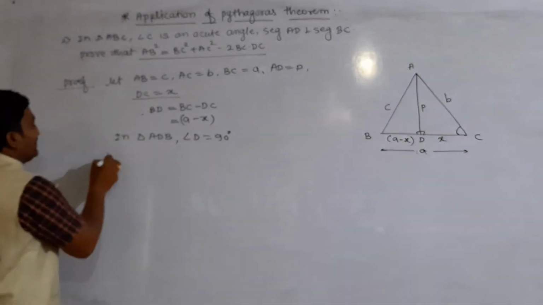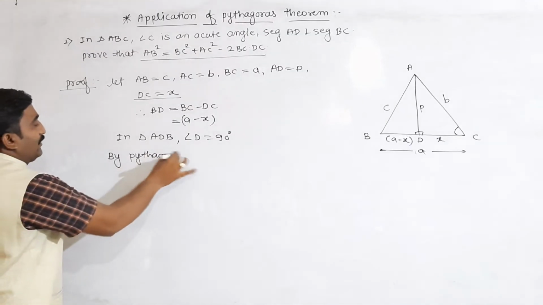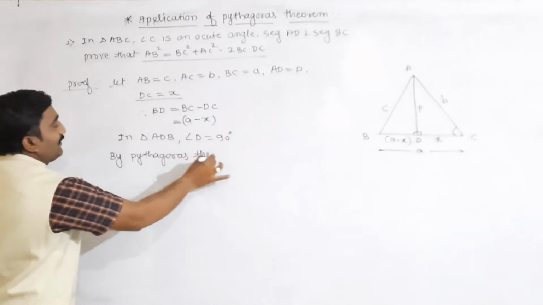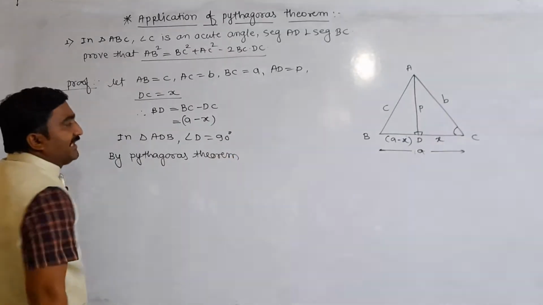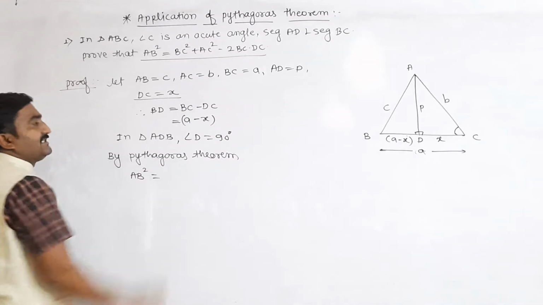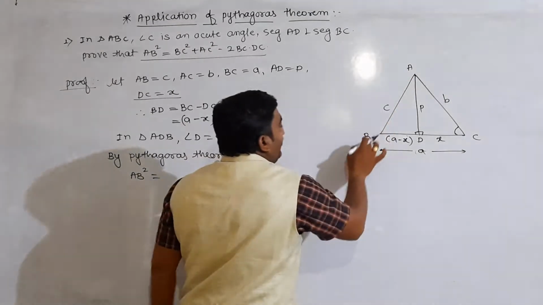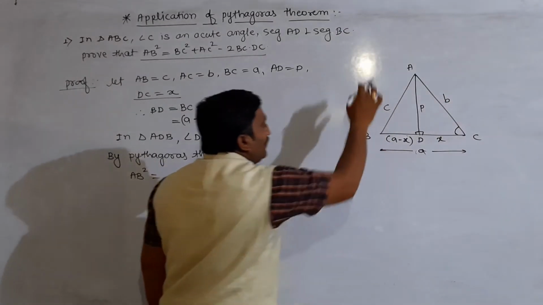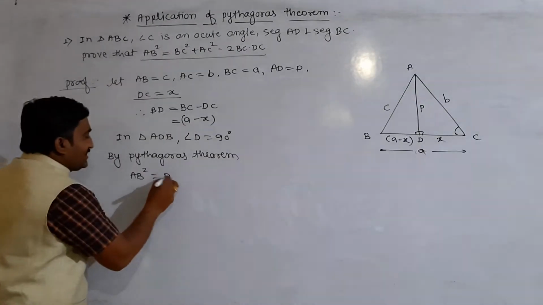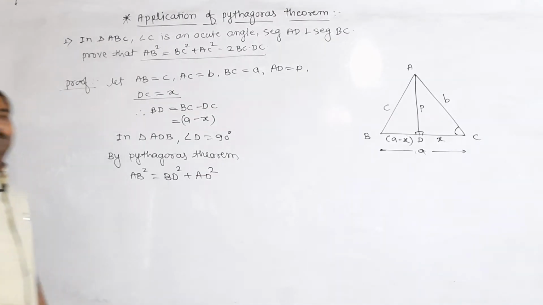So, by Pythagoras theorem, remember that AB square is equal to BD square plus AD square.